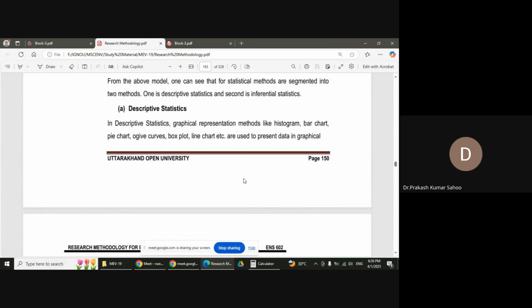Descriptive statistics includes histogram, bar chart, pie chart, OGIVE curve, box plot. Nowadays different types of AI representations or AI technology have come, that's why descriptive statistics includes all these.